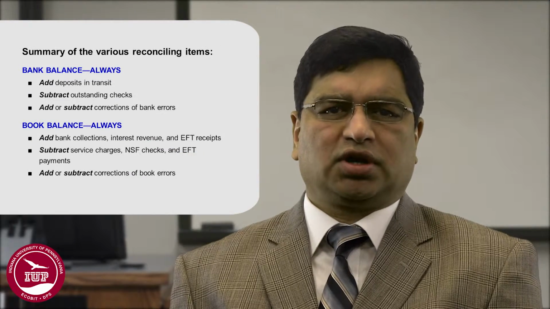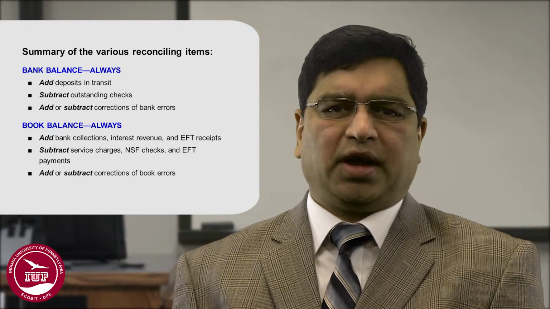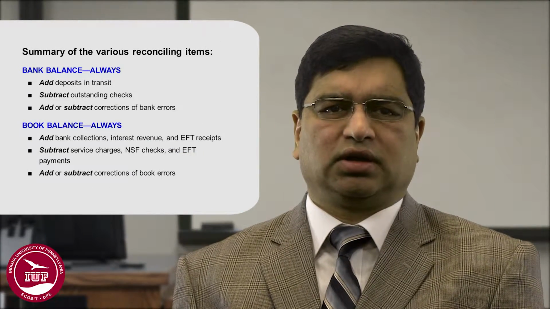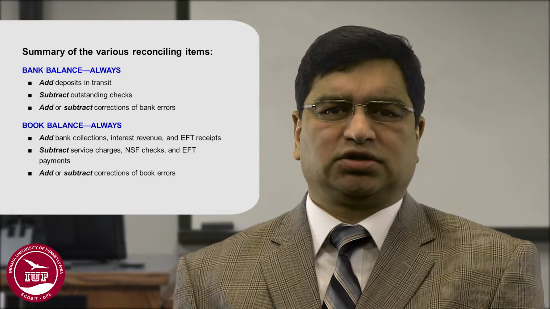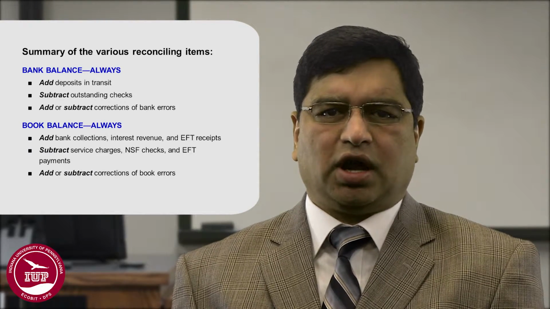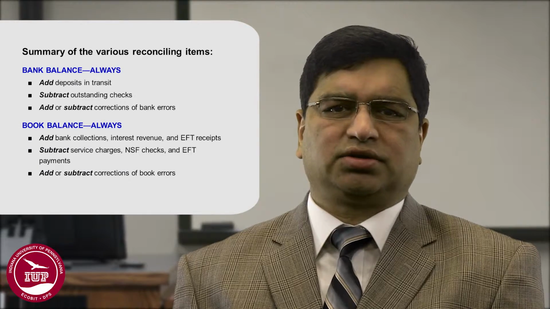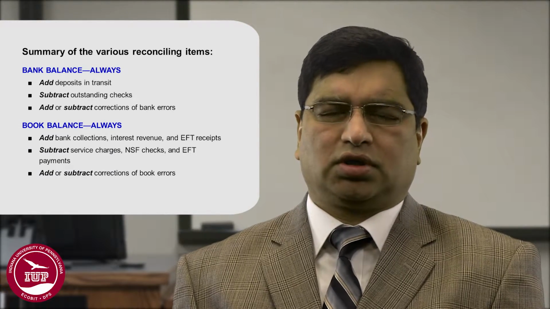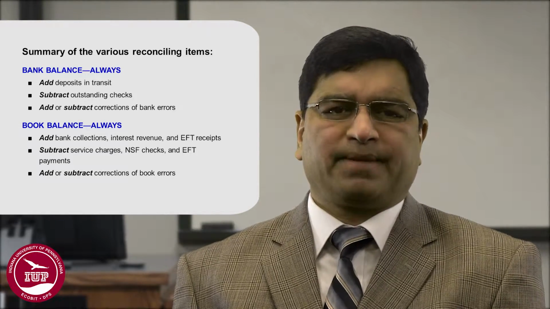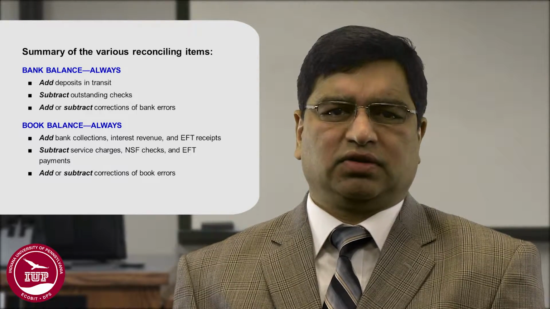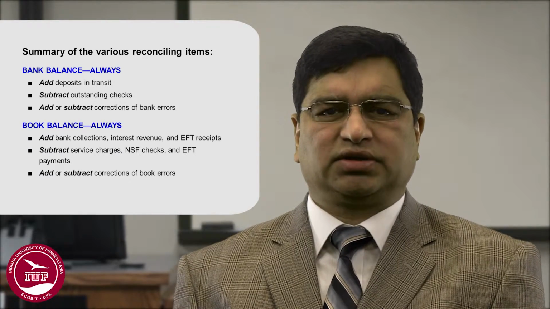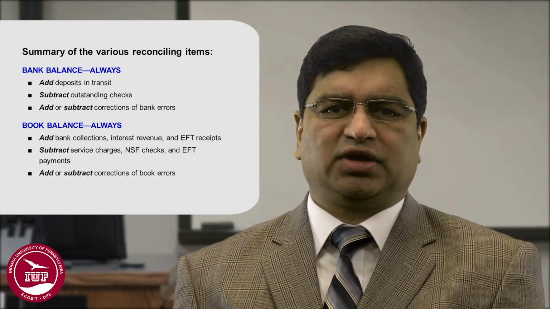So what are the reconciling items? In the bank, you will reconcile the deposits in transit. You'll subtract the outstanding checks, add or subtract the correction of bank errors depending upon what the error is. Similarly, in the book balance, you will add the bank collections, interest revenue, and EFT receipts.